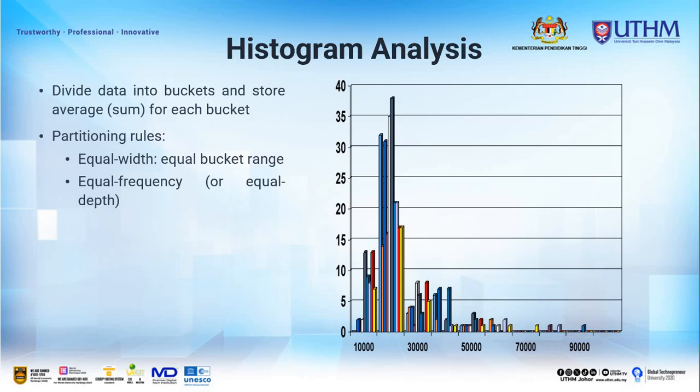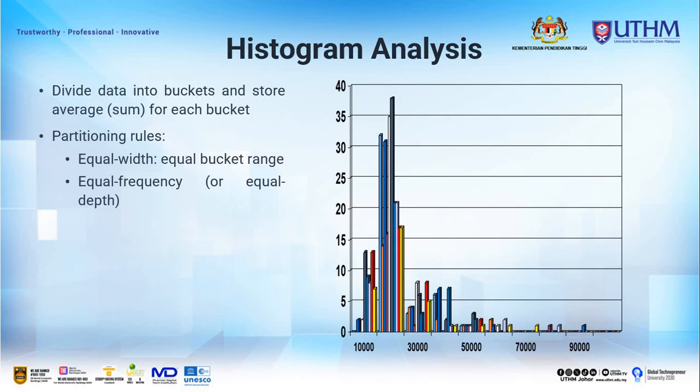The histogram there shows the data divided into buckets along the x-axis, and the y-axis represents the frequency or the count for each bucket. Different colors represent different data sets or categories in the same histogram.